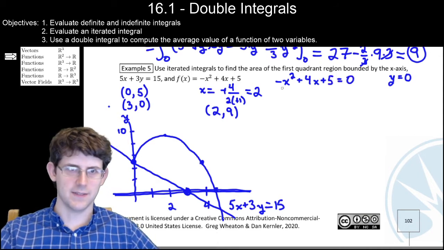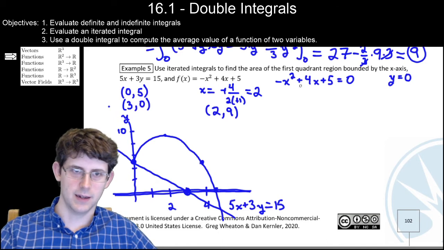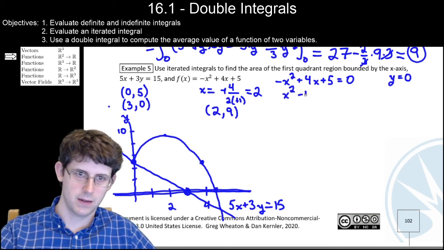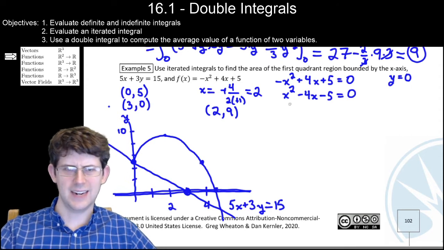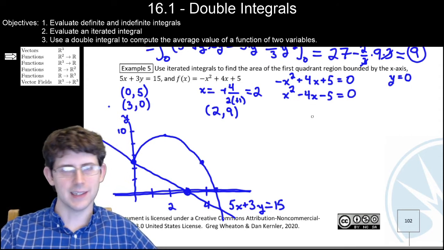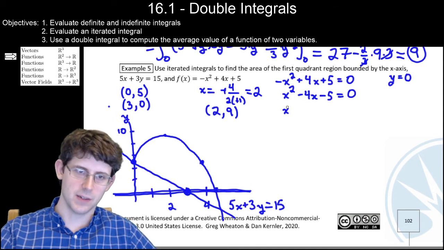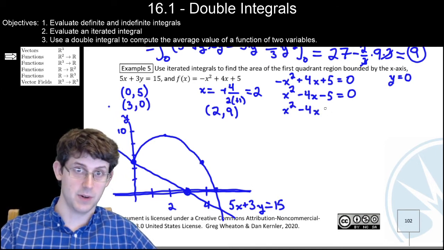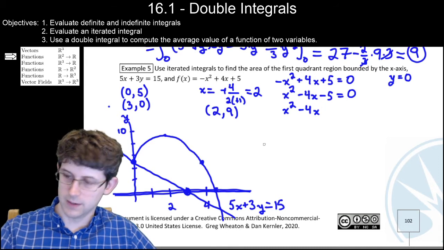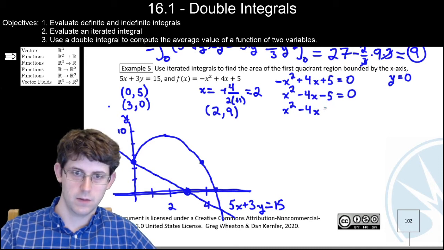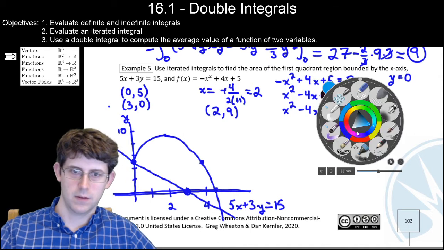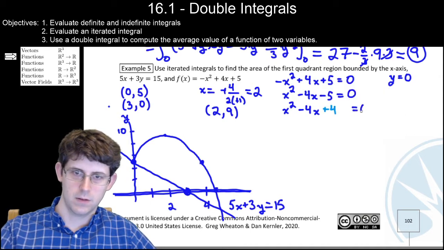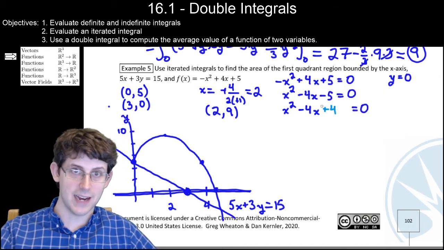I don't like this negative x squared, so I'll multiply through by minus 1. I don't really like the quadratic formula that much; I prefer to complete the square. x squared minus 4x, to make it a perfect square, would get a plus 4. But I can't just change minus 5 into plus 4.